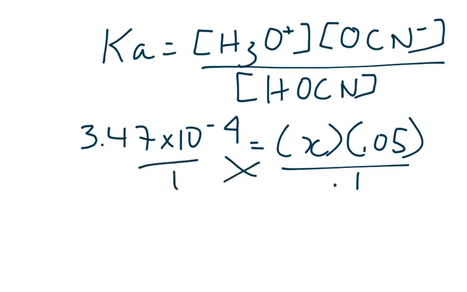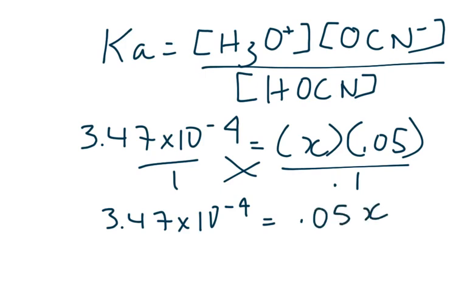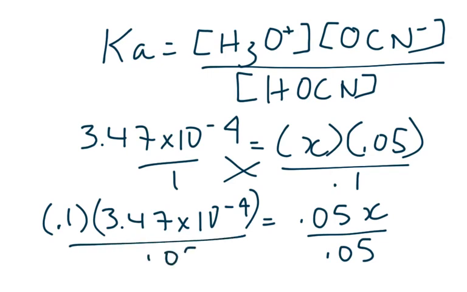So again, you cross multiply. You're going to have 3.47 times 10 to the negative 4 equals 0.05 times x. Oops, I forgot to times by 0.1, so we'll put that up here. And we divide by 0.05, divide by 0.05.